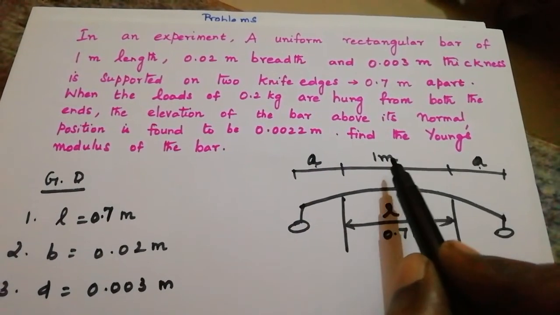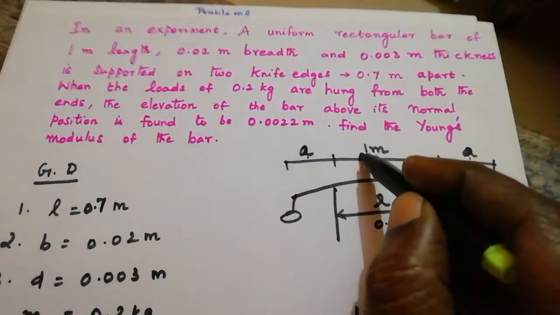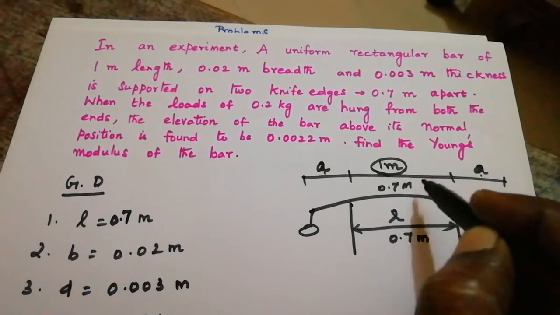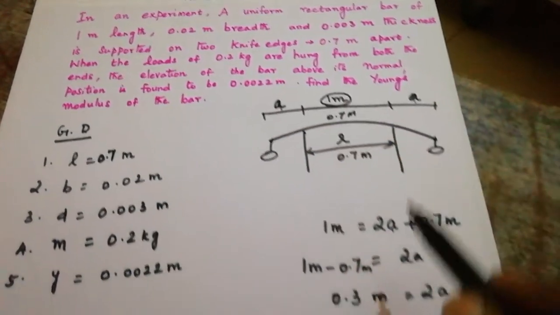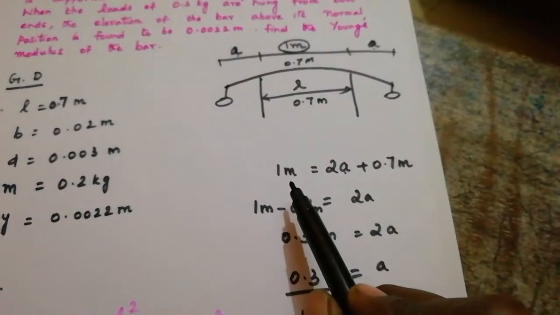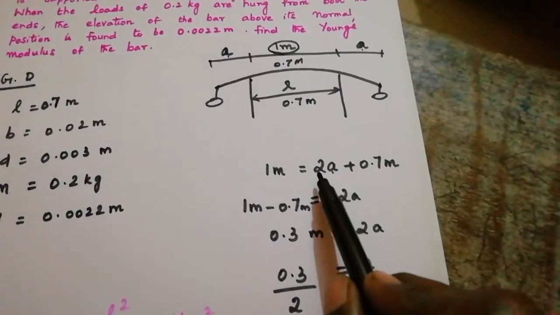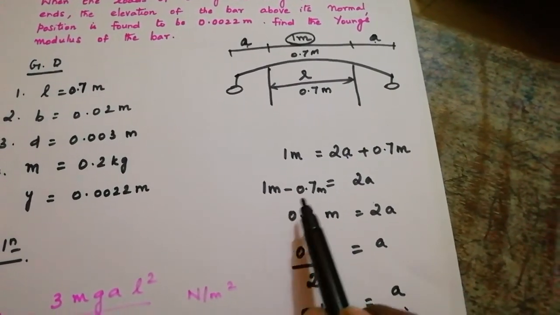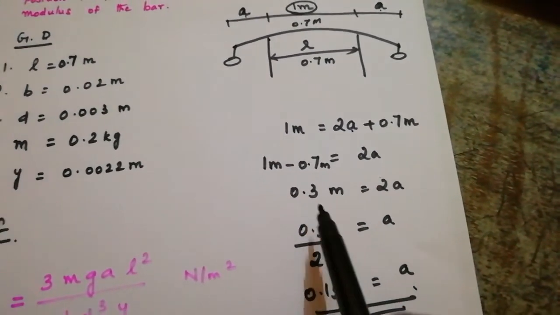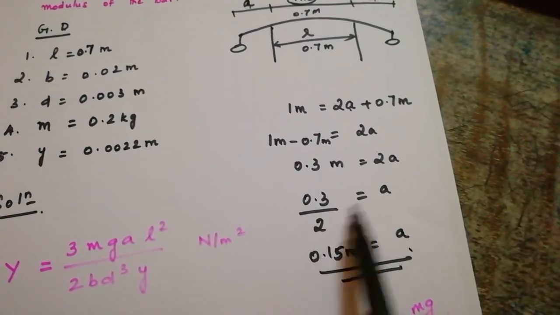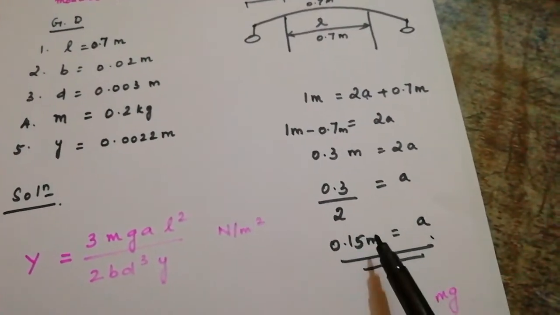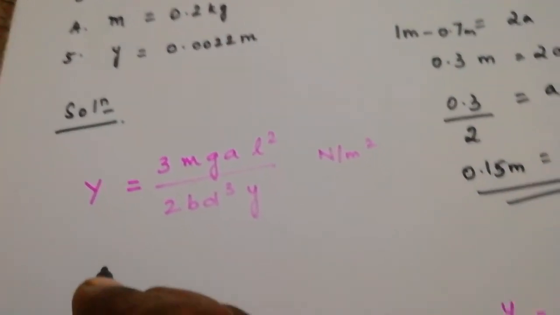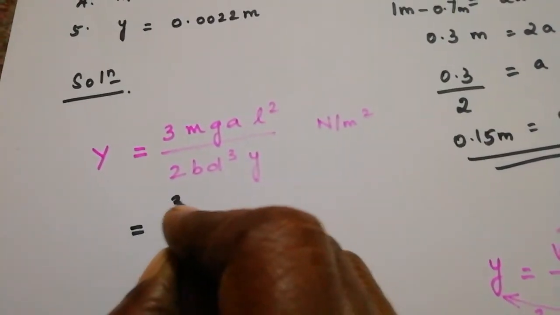So 2a plus 0.7 is 1 meter, the total length. Therefore, I want to know a. 1 meter total length is shared by 2a plus 0.7 meter. Therefore, 2a is equal to 1 minus 0.7 is equal to 0.3. a is equal to 0.3 divided by 2. I'll get 0.15 meter.